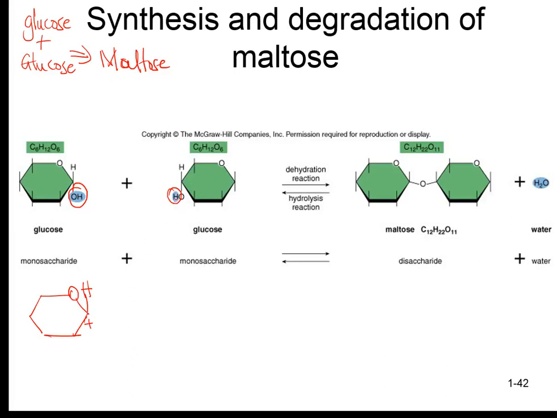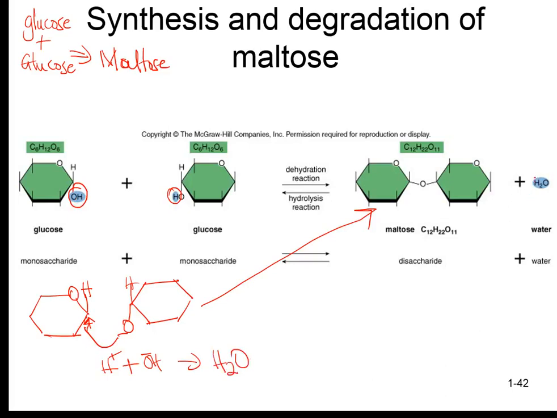When you remove hydrogen here, you are going to have an O with a negative, and this negative here will connect with this positive down here to make that one. But now, because you have removed hydrogen from here, and also you have removed OH from here, they combine to form water. That's the water you are seeing here.